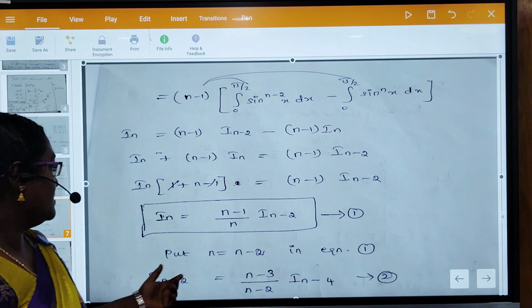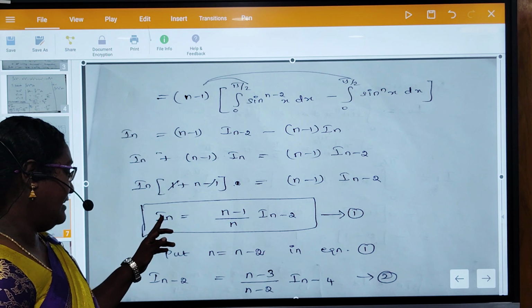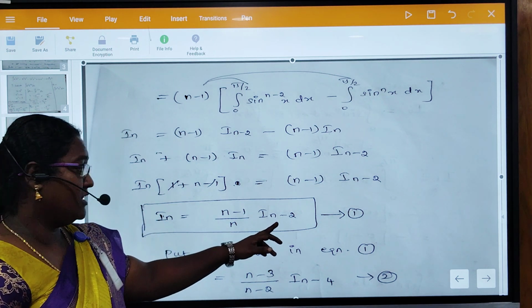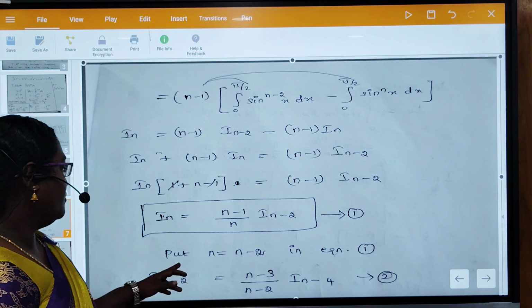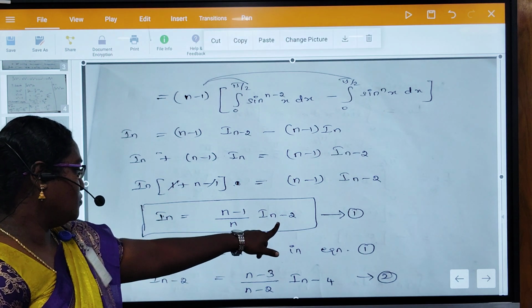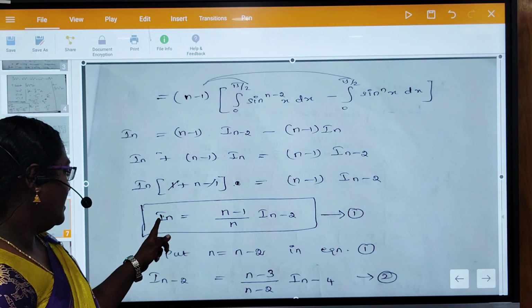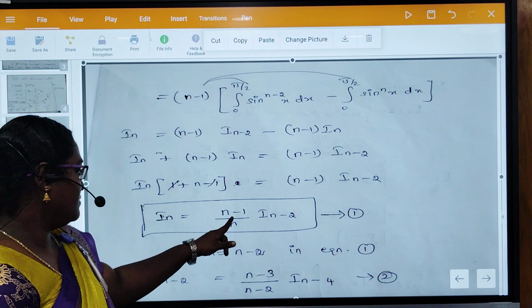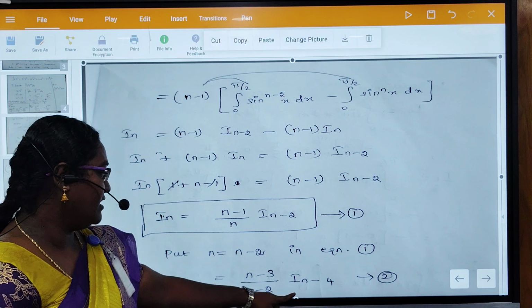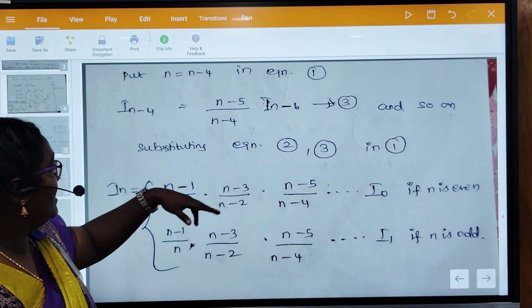See now the power is reduced, In is reduced to In minus 2. Keep on further reduction, put n is equal to n minus 2 in equation 1. Here we are needing n minus 2, so put n is equal to n minus 2 in equation 1. When we substitute n minus 2 here, it becomes n minus 3 by n minus 2 into In minus 4.